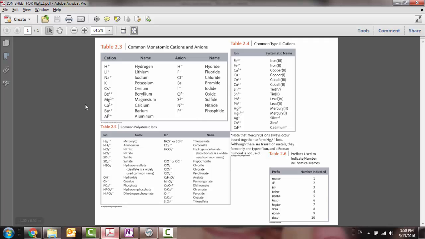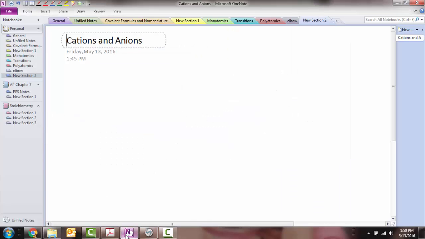So the first thing we need to talk about is these two terms up here, cation and anion. So a cation is a positive ion, and an example of an atom that would form a positive ion is sodium. So first we're going to focus on the sodium atom, and if you check out the periodic table, it is number 11 on the periodic table, and we know that means it has 11 protons and 11 electrons.